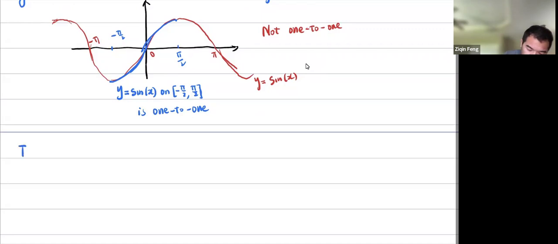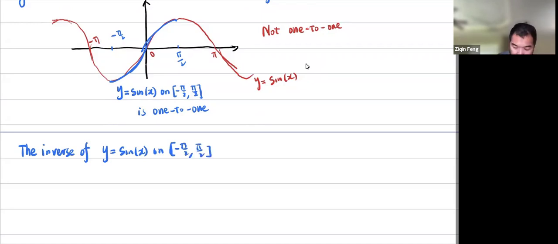The inverse of y equal to sine of x on the interval from -pi/2 to pi/2 is y equal to arcsine of x.